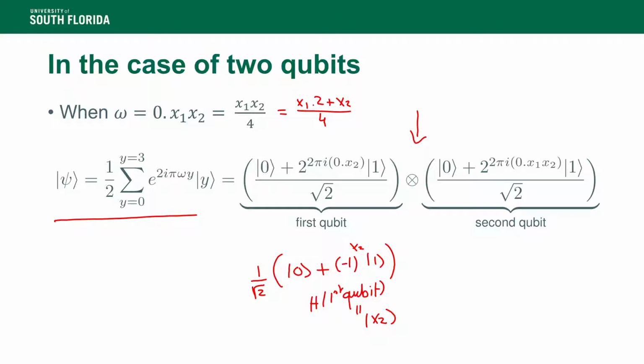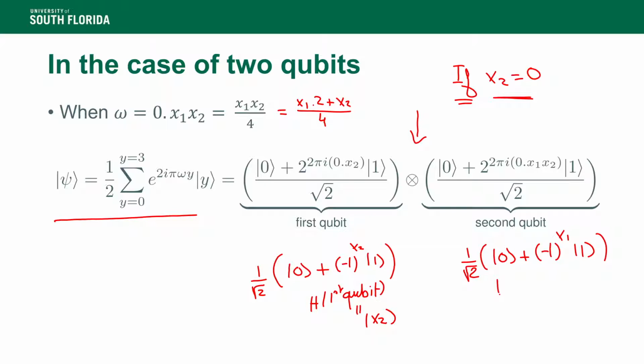And here, on the second qubit, well, if by chance, that is not guaranteed, but if x2 happens to be 0, then what do we get? We get another case of a one qubit quantum phase estimation, because what we get here, if x2 equals 0, is this state here, which again, applying the action of the Hadamard gate once, we get x1.